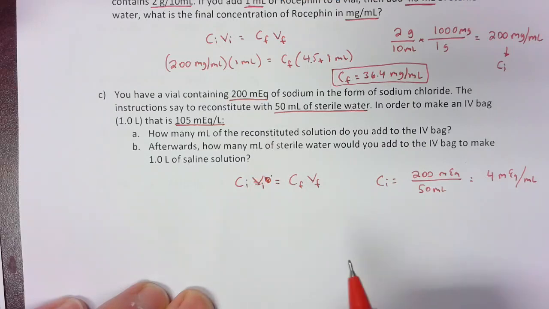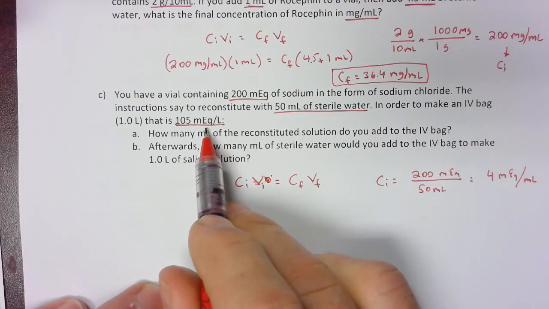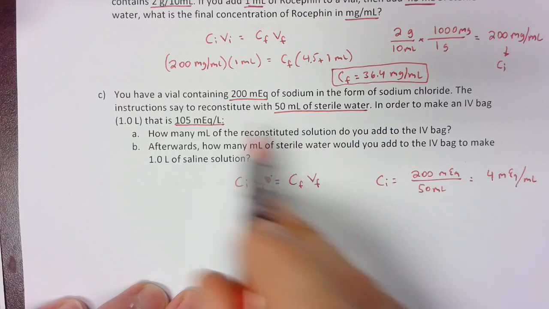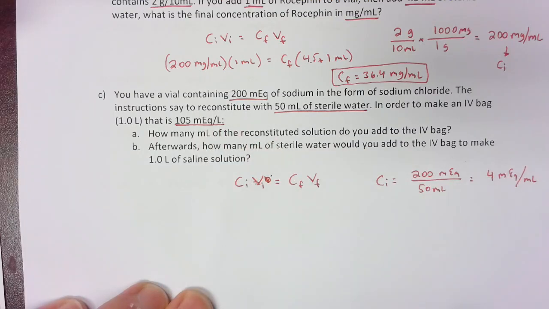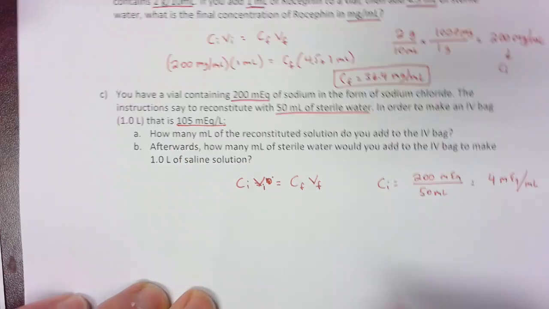That's our stock solution. Our goal is to make an IV bag that is 105 milliequivalents per liter. So we need to convert one of these units to the other one. I'll convert this into milliequivalents per milliliter.